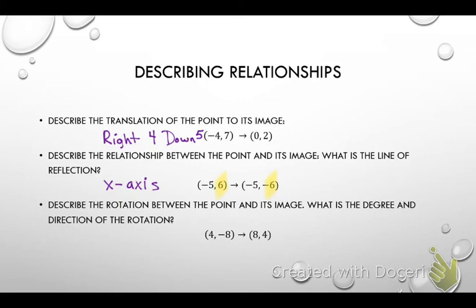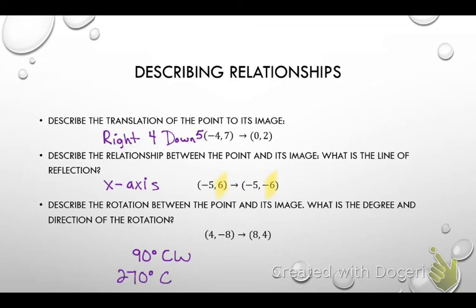I flipped them, and I flipped my Y value. I flipped them and did the opposite of Y, which was 90 degrees clockwise, or 270. I'm sorry, counterclockwise. Nope, had it right the first time. 90 degrees clockwise, or 270 counterclockwise.